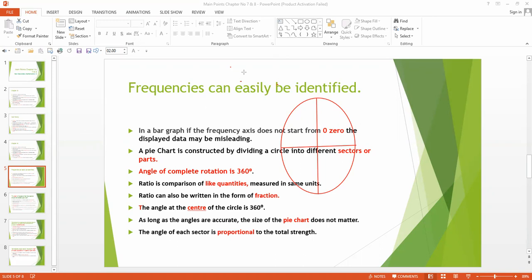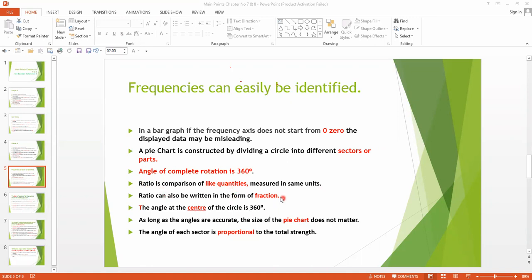Okay. Now, first I have to erase. Okay, now come here. The angle of complete rotation is 360. As I already told you, the angle of complete rotation is 360.